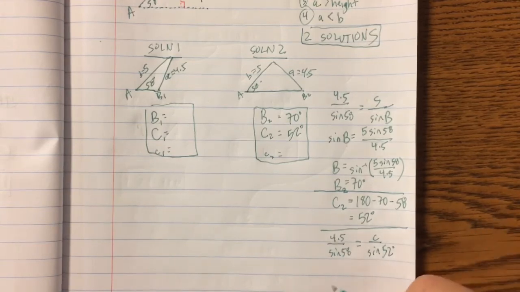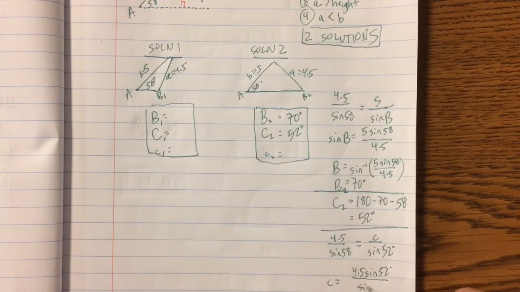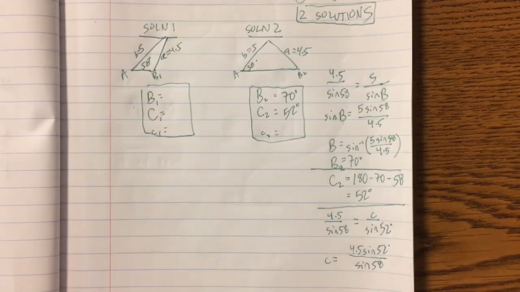We'll cross multiply and divide, so c is going to be 4.5 times the sine of 52 divided by the sine of 58. Again, this is something you'll put in your calculator. None of these are unit circle values.